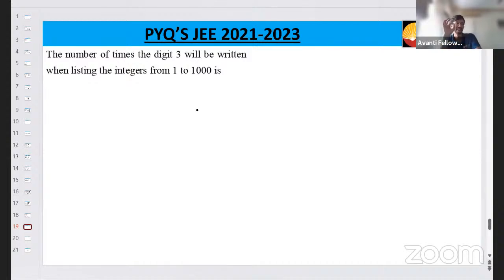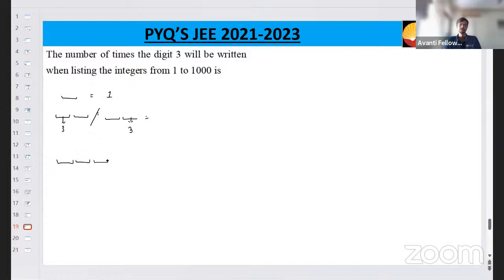So we have to find the number of times the digit 3 will be written. If we take 1 digit numbers, 3 will come only once, 1 2 3. If we take 2 digit numbers, here 3 can come and here 3 can come, correct? And we have to write the total.